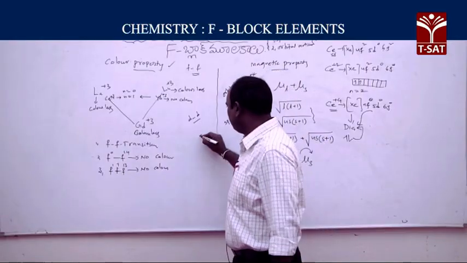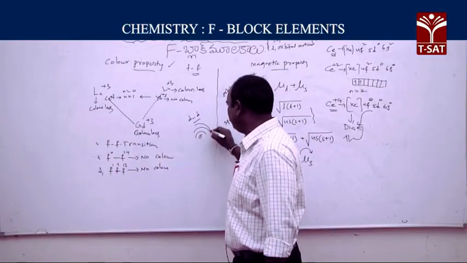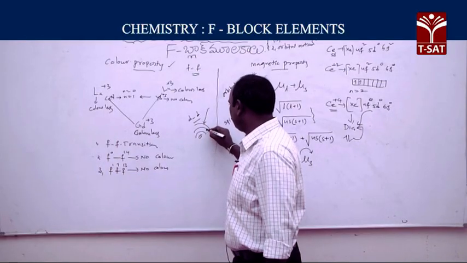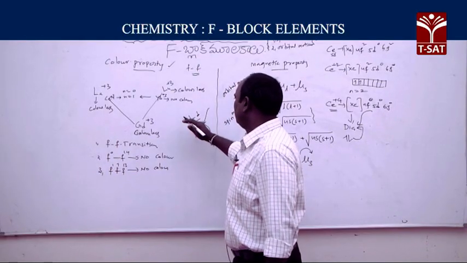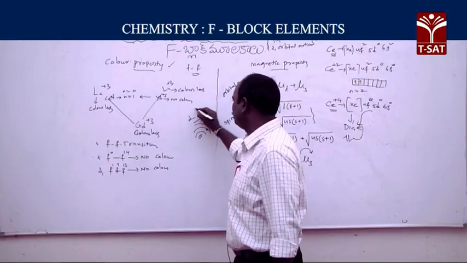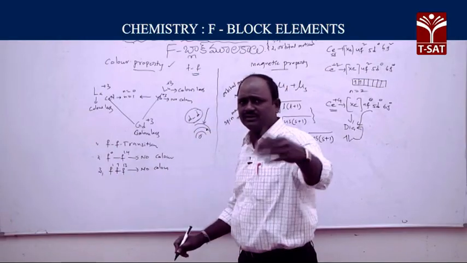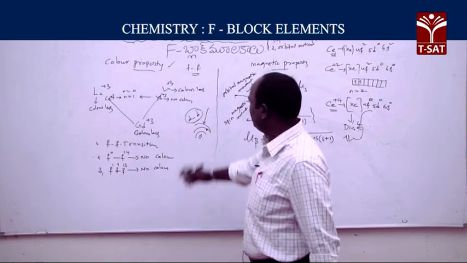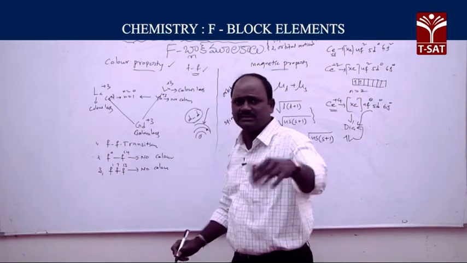When the atom absorbs radiation, the electron jumps from some d orbital to another d orbital. Therefore, this is the dd transition. Where there is a dd transition, there will be color property. In the same way, where there is an ff transition, there is a color property.